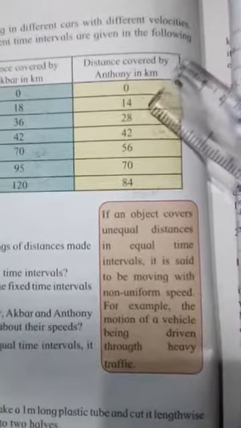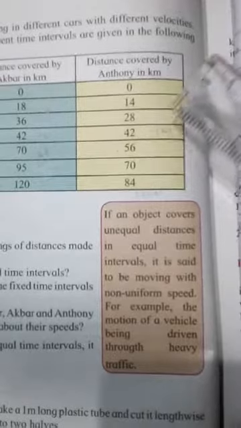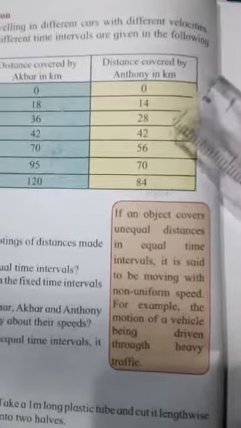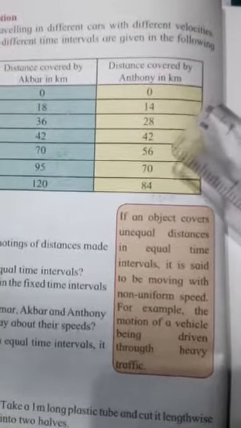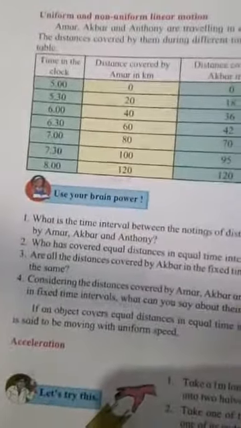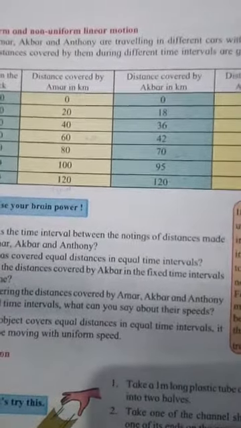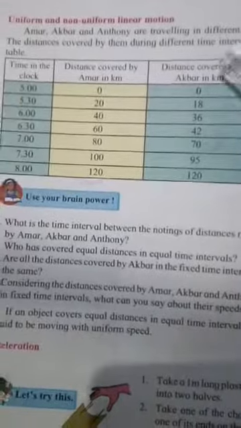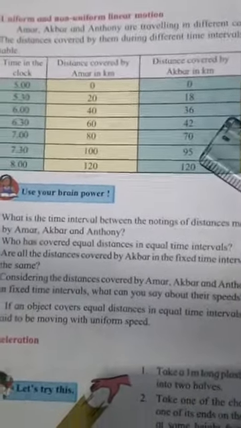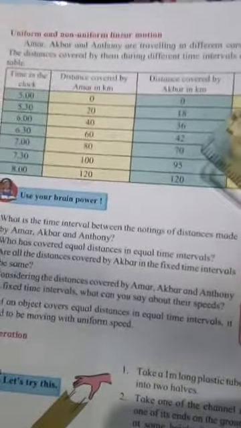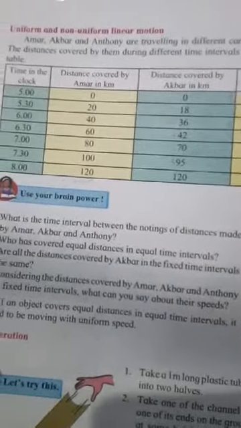Here if we calculate the difference between two distances, we get 14, which means Anthony also covered equal distances in equal intervals of time. It means Anthony is also in uniform motion. But Akbar has not covered equal distances in equal intervals of time, which means he is in non-uniform linear motion.